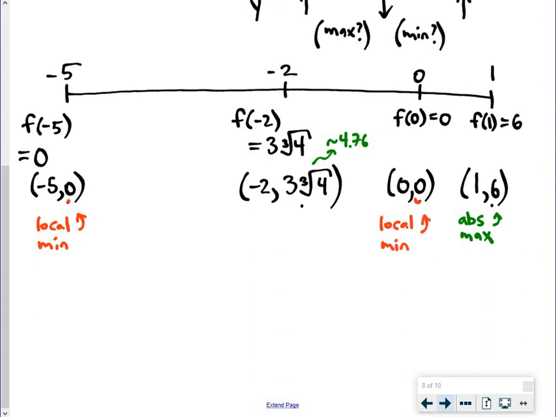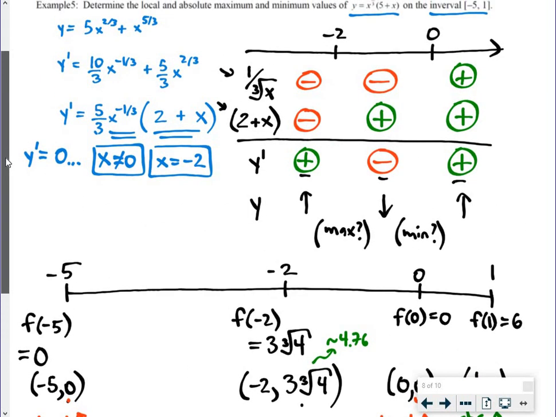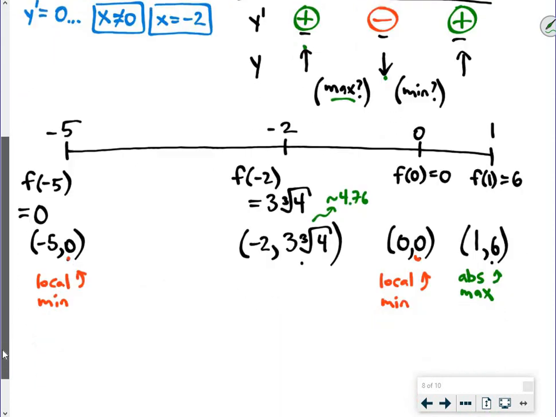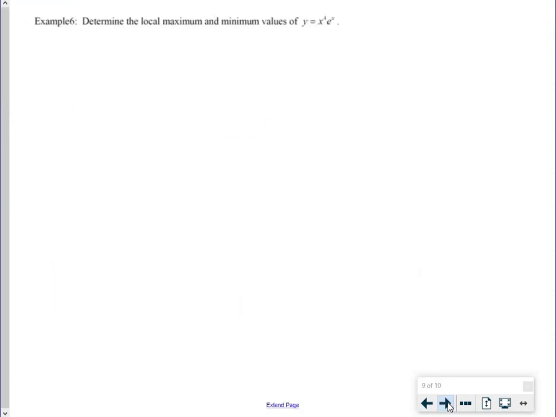Okay, and then looking at -2. It's going from increasing to decreasing. That should be a local max there. So this is local max. Okay, good.